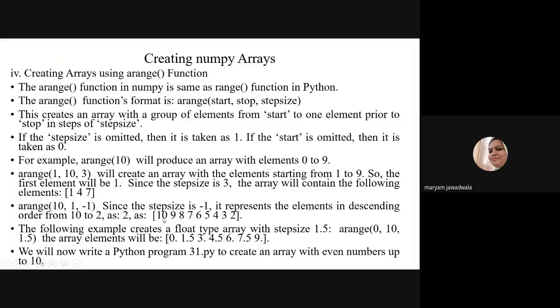So the elements are 10, 9, 8, 7, 6, 5, 4, 3, and 2. The last element will be 2. In this way we can create an integer array using the arange function.